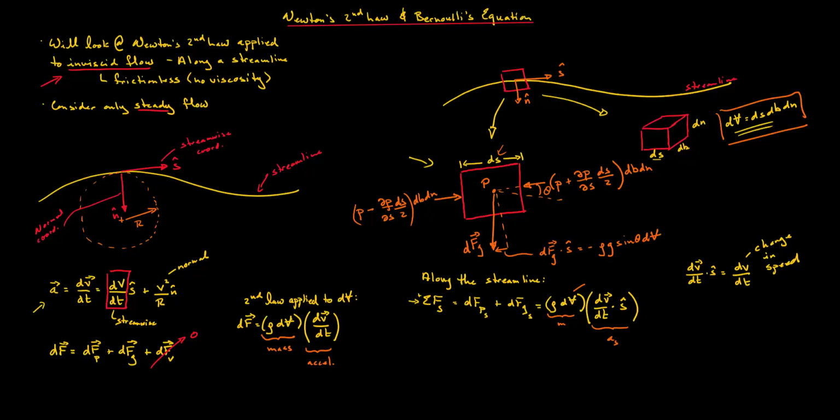We have a pressure P at the center of the differential volume. On the right face, it will be P plus the change of pressure along the streamline multiplied by the distance we have traveled, which is ds over 2. On the left-hand side, we have the pressure at the center minus the change in pressure along the streamline multiplied by ds divided by 2.